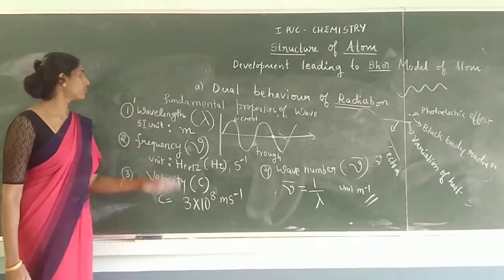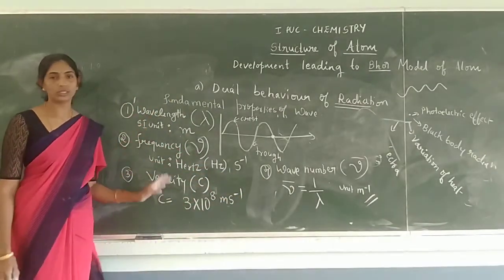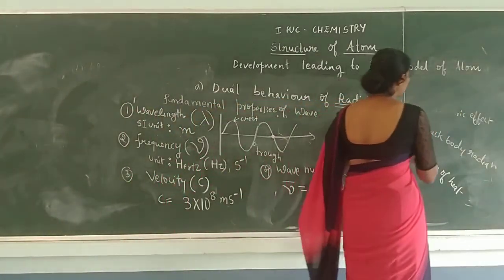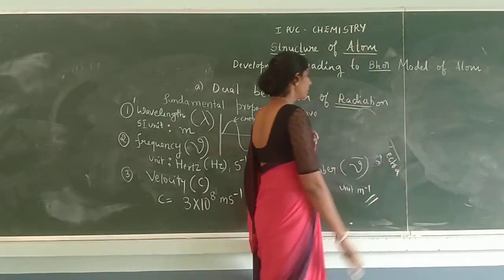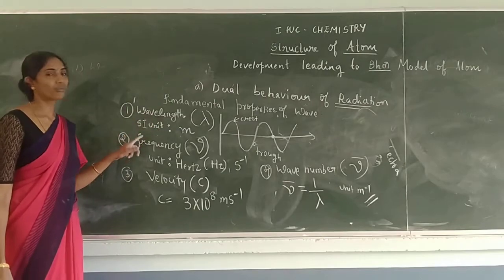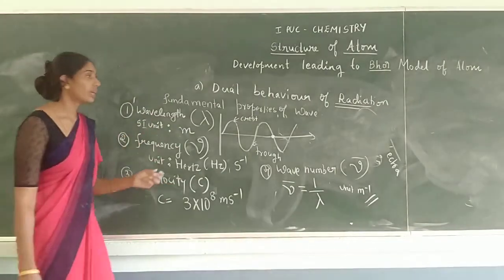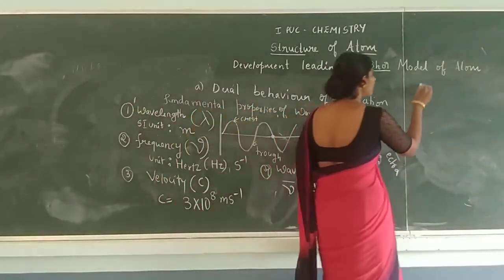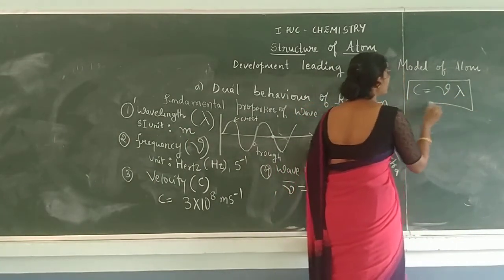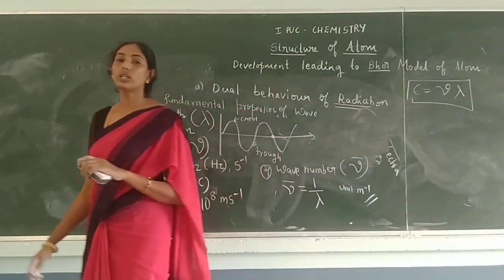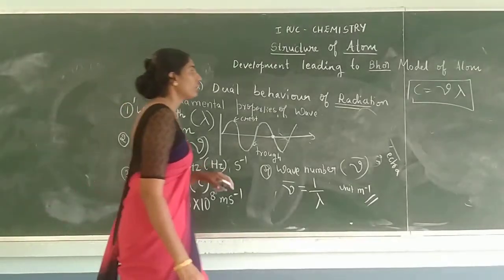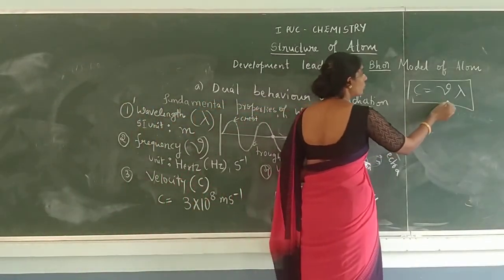Then, what is the relationship between all the fundamental factors? The relationship between the speed of light, wavelength, frequency, and wave number is c is equal to mu lambda. Remember this formula: c is equal to mu lambda. Related to that formula, you will have many 1 mark or 2 mark questions and problems.